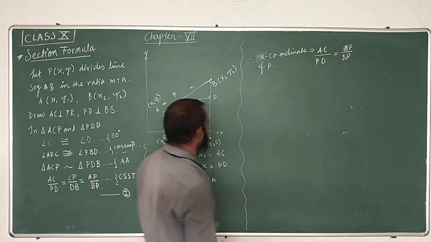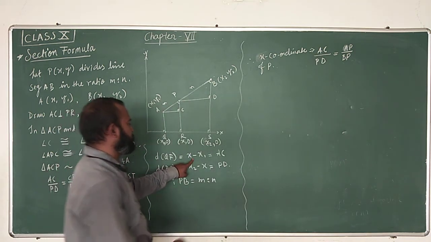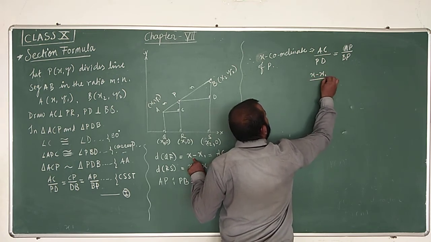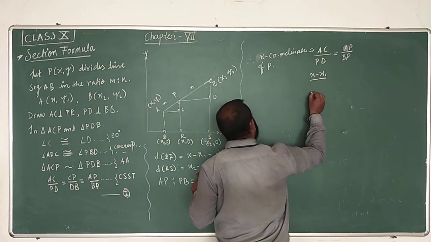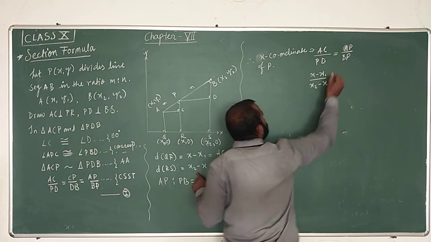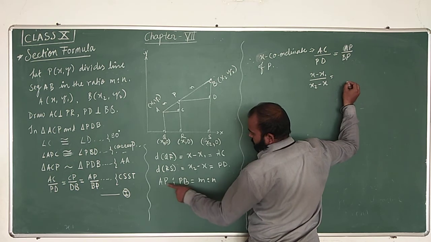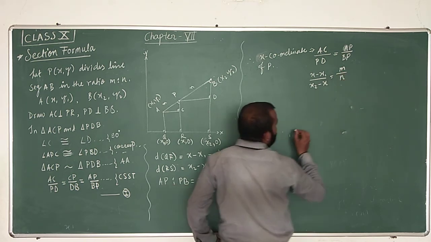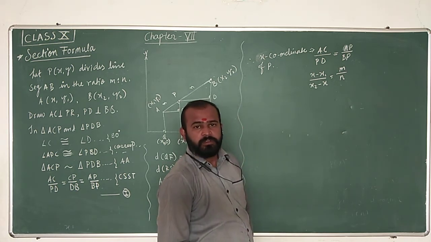What is AC? AC is x minus x1, upon what is PD? It is x2 minus x, equals to AP upon PB which is m is to n, m upon n.